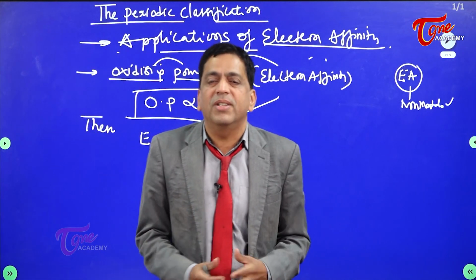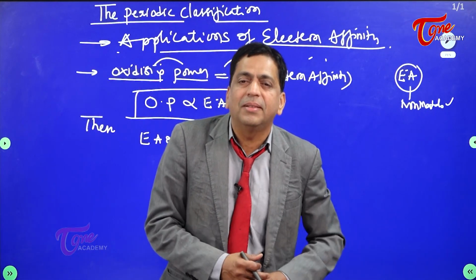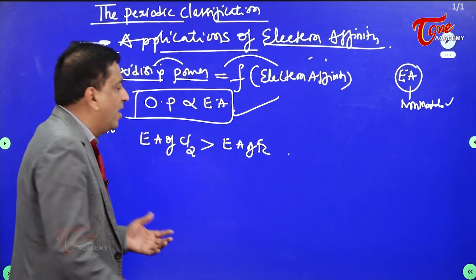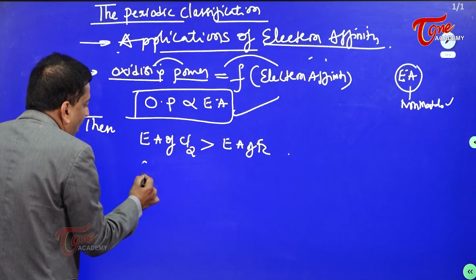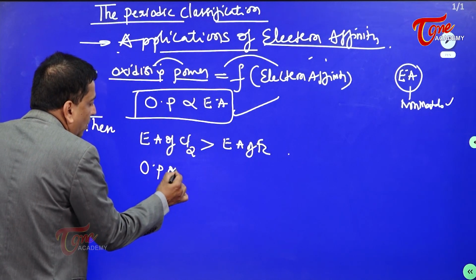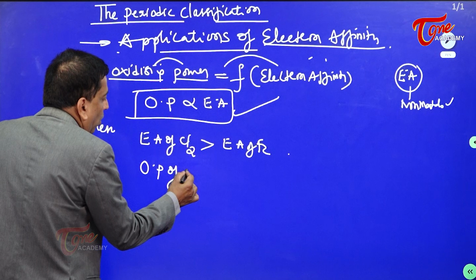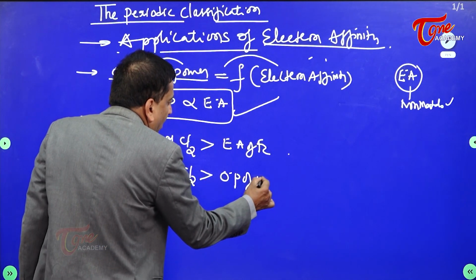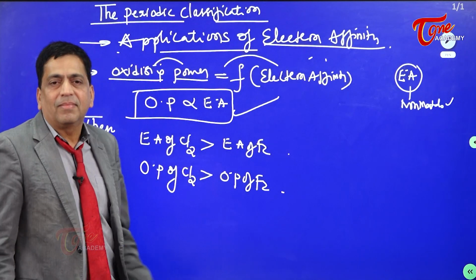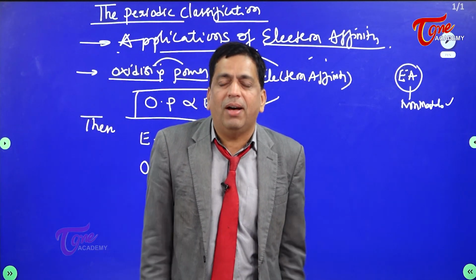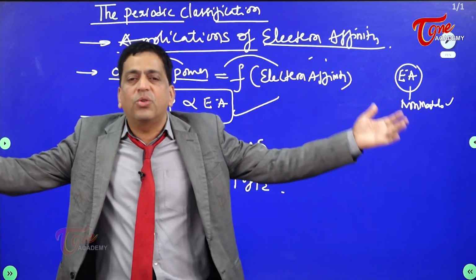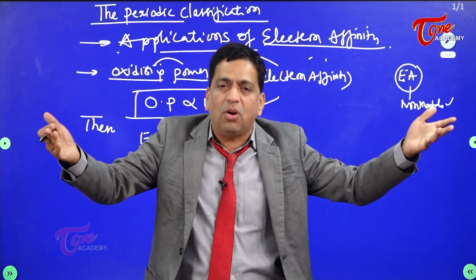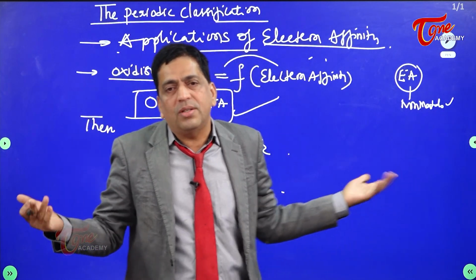At least that is what we were discussing for the last 15 minutes. Then from this relation, I can simply say the oxidizing power of chlorine must be greater than the oxidizing power of fluorine. Naturally, the one who loves the electrons more oxidizes your neighboring element more, and you oxidize the others, hence you are called an oxidizing agent, and you reduce yourself.